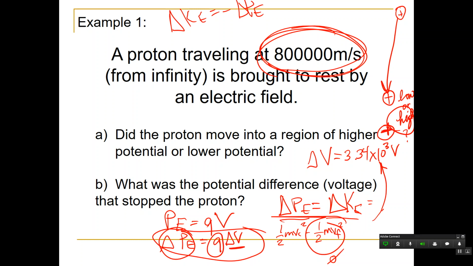And in any case, are you going from an area of low potential to high potential, or from an area of high potential to low potential? So down here, what kind of potential is it, all the way up to infinity? We gave an answer already. We said here was high, so this was low.